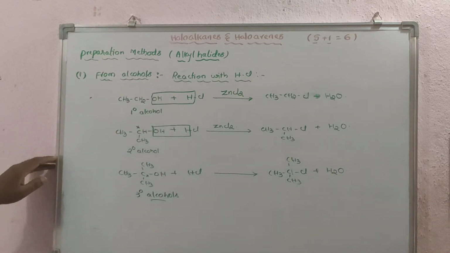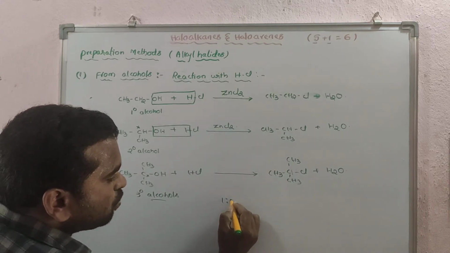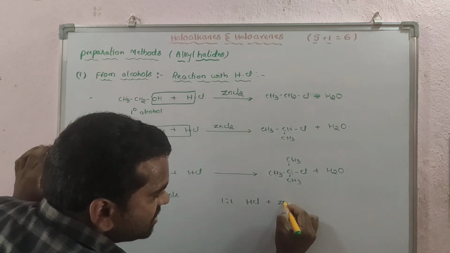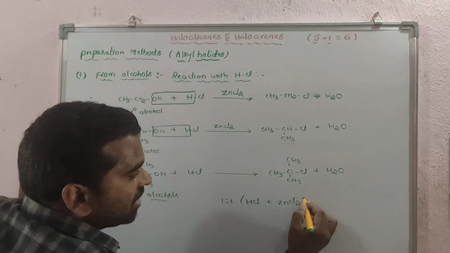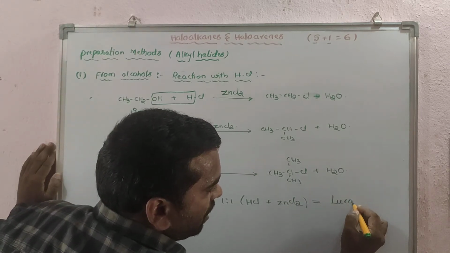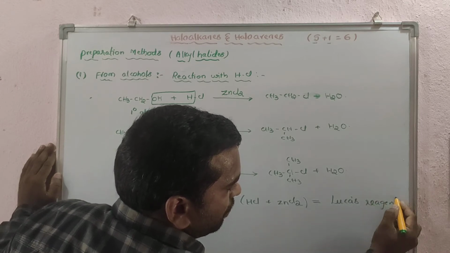And very important here, the 1:1 ratio of HCl plus anhydrous ZnCl2, this mixture is called Lucas reagent. Very important.